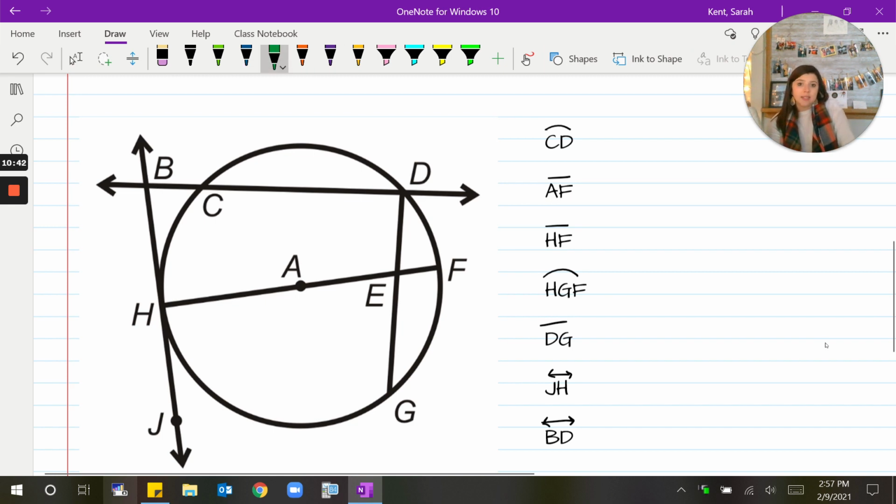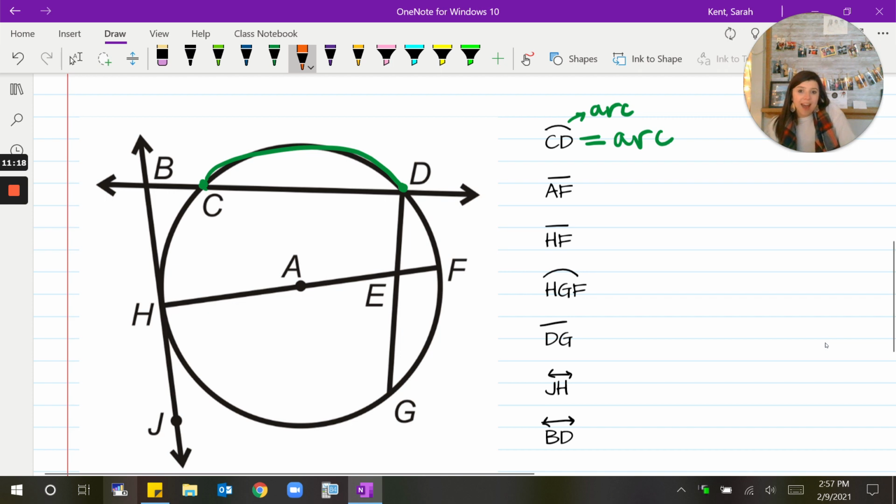So if we look at the first one, it says arc. So this little curve means arc, and we want from C to D, and there's no letters between. So here is point C, here is point D. So if I look, it's a curve, and then it does not go from end to end on the diameter. It's little, so this would just be an arc.